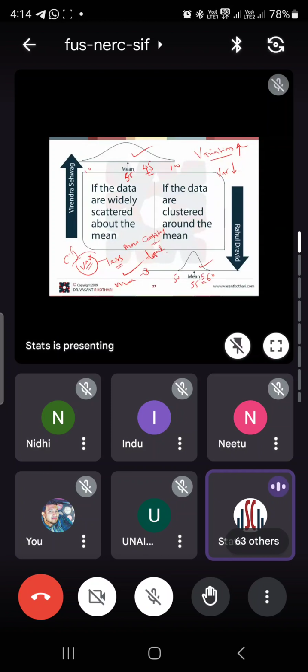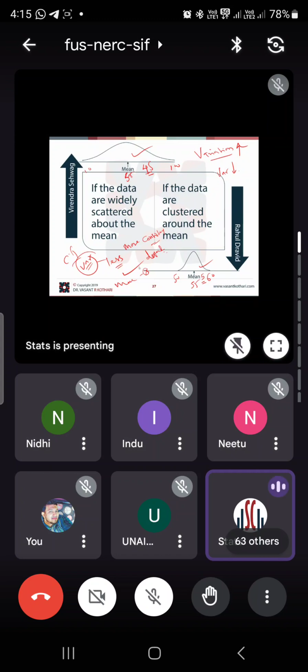If variation is more, then consistency is less, dependency is less, stability is less. And there will be more chances that your decision may go wrong. So if variation is less, we'll accept. If variation is more, we'll reject. Accepting or rejecting.